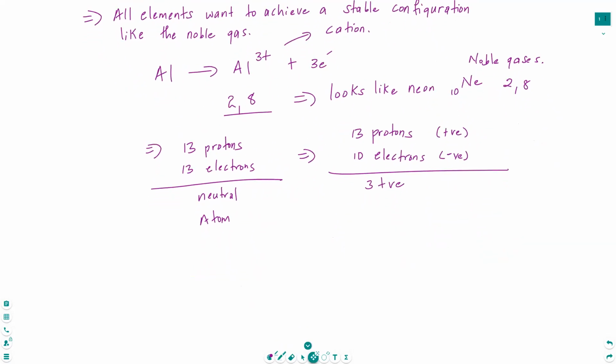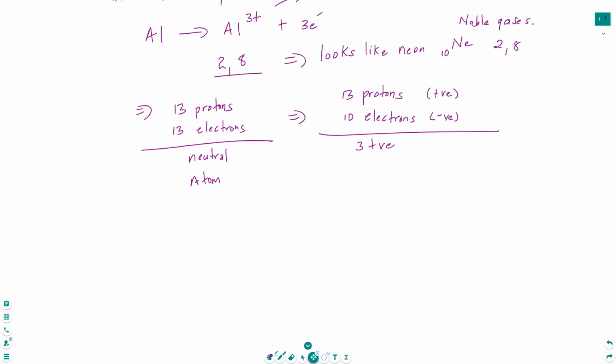So let's look at the ones that are going to form anions. Anions are formed by nonmetals. And what are nonmetals?